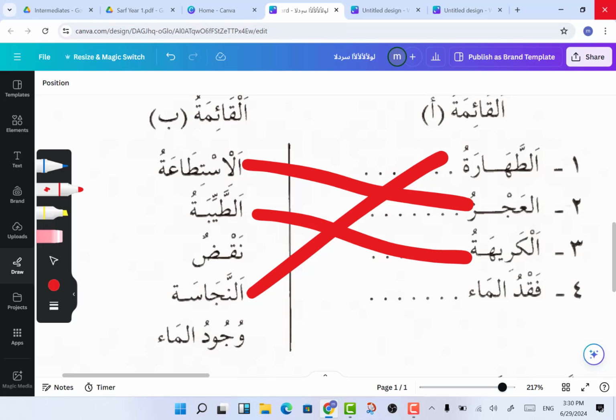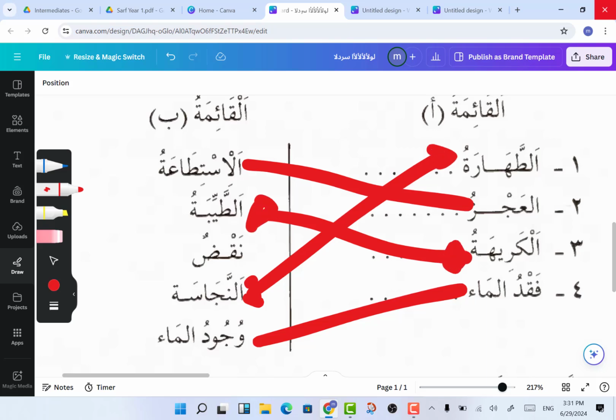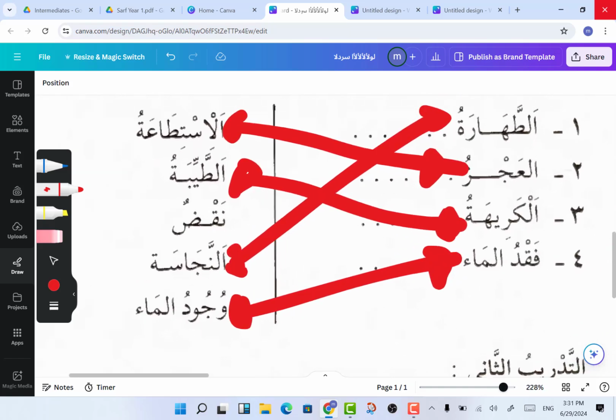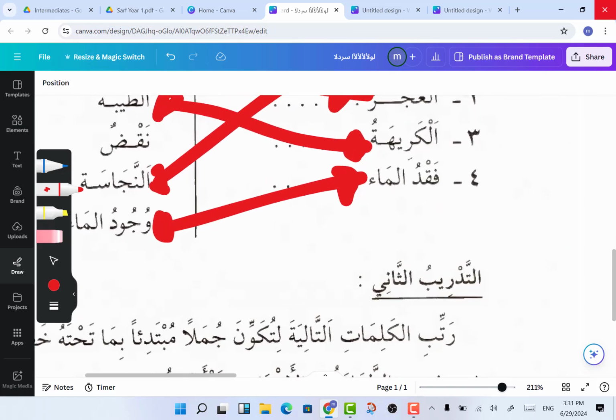Faqdul ma, the absence of water. Wujudul ma, the presence of water. So try to get it. The arrow, this is going with this, this with this, and this by this. So the last, we have an extra option there, naqdun, which is not fitting in with anyone.